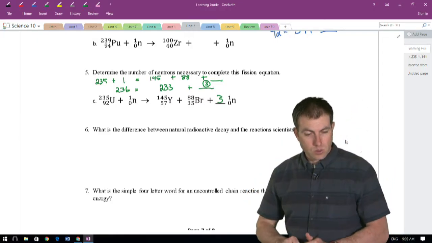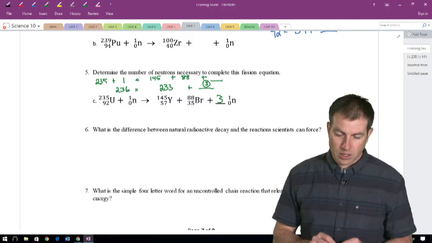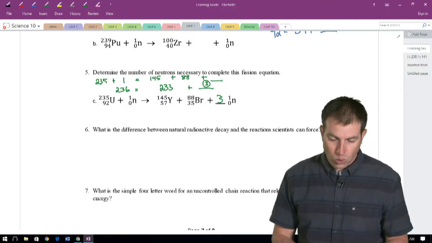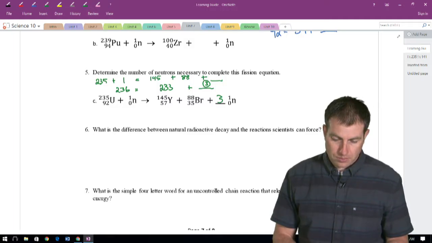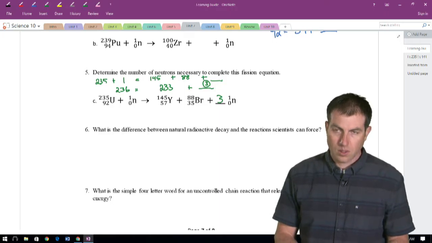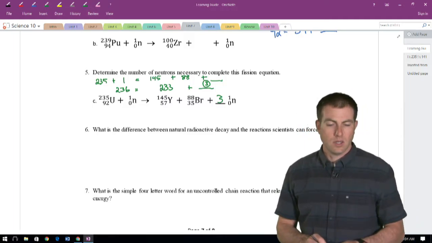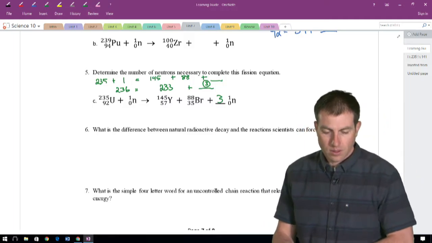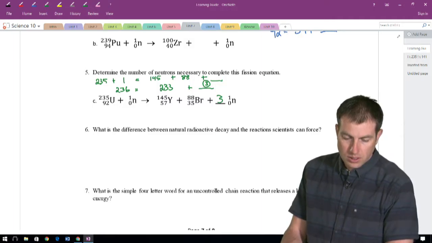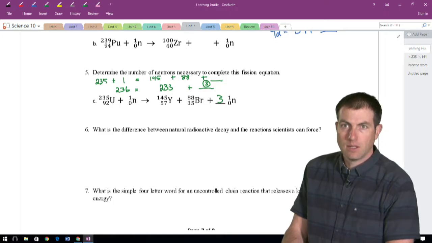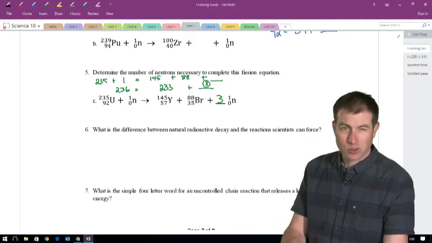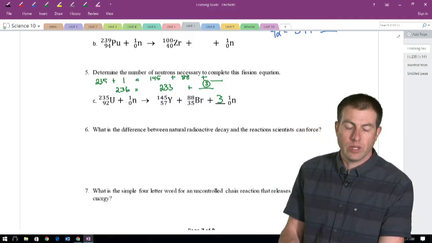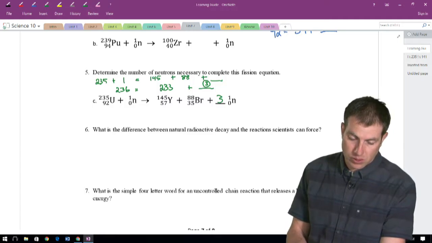Number 6 asks, what's the difference between radioactive decay and the reaction scientists can force? What do we think? Natural radioactive decay and the reaction scientists can force. I'm assuming that in the actual course, there's something that refers to this question.